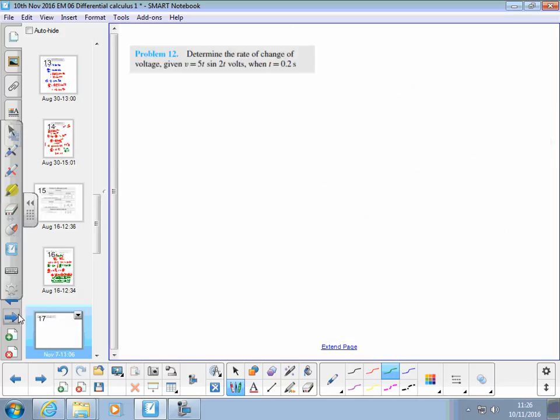Some, if not all, have started this one. This one says determine the rate of change of voltage given V is equal to 5t sine 2t. So we've got a function of t and another function of t. We've got a function multiplied by another function.